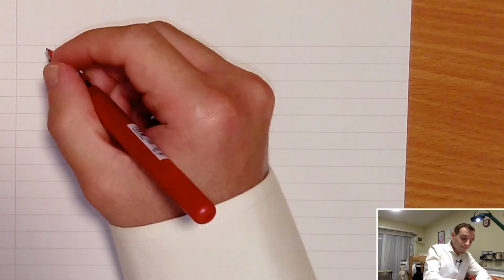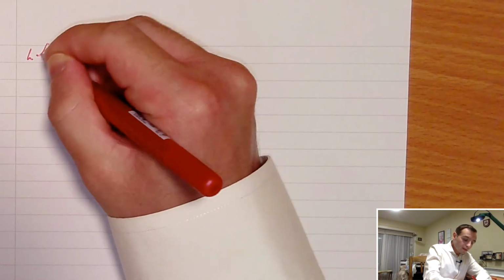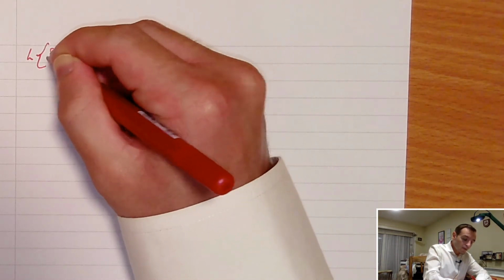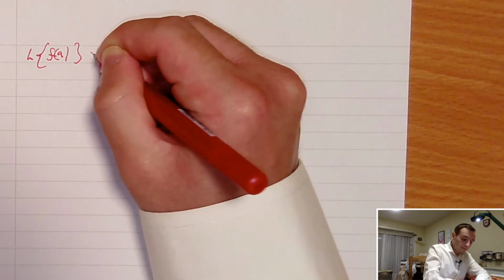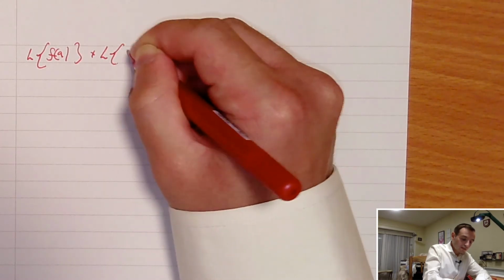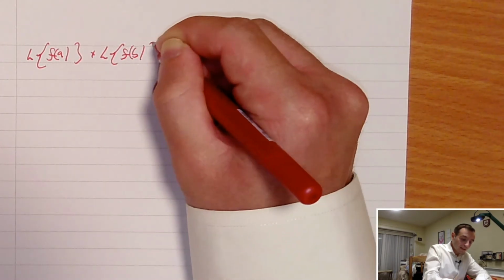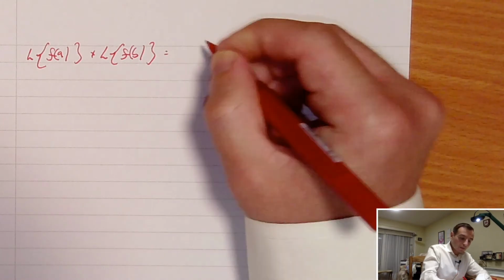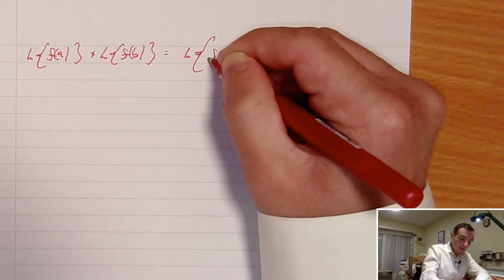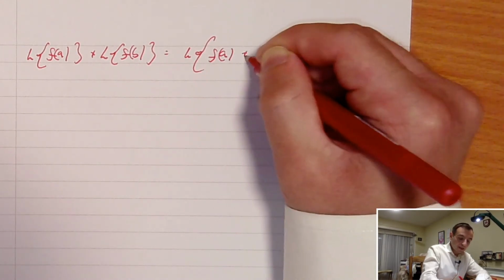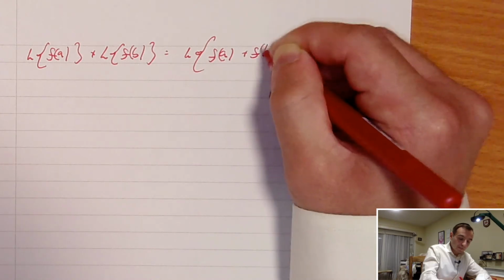So let's see what that looks like on paper. We said that the Laplace transform of f of a plus the Laplace transform of f of b equals the Laplace transform of f of a plus f of b.